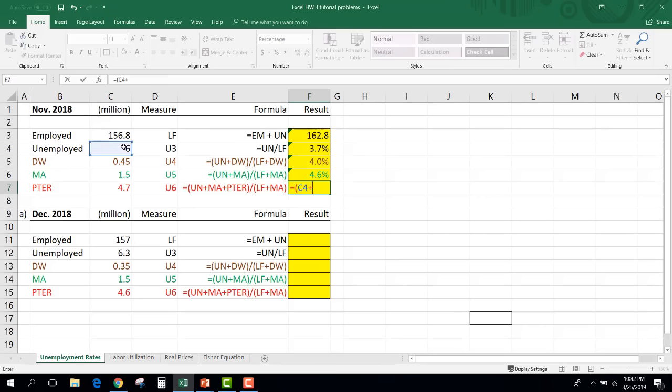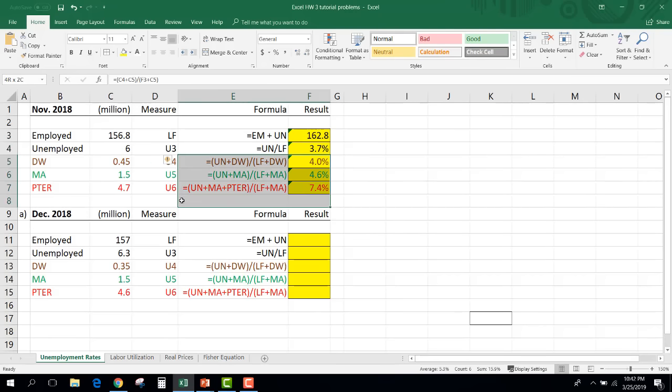Unemployed plus marginally attached plus PTER divided by labor force plus marginally attached. Okay, so there's the U6 calculation. That's what the formula looks like, and we're going to get 7.4% there. So here are our basic unemployment rate, U3, and then our broader unemployment rates, U4, 5, and 6, for the U.S. economy for late last year.